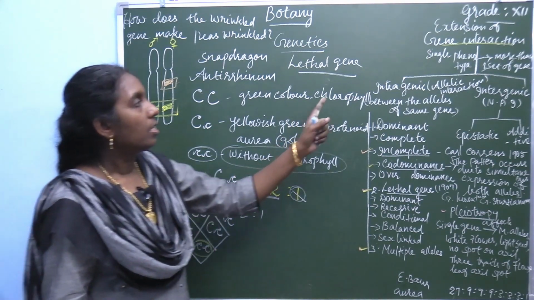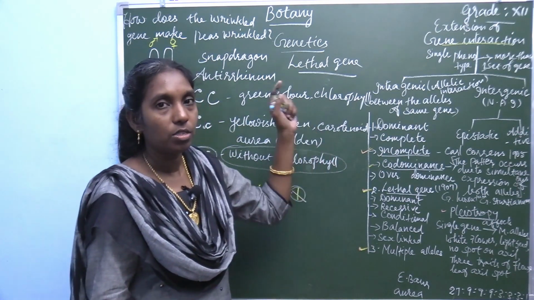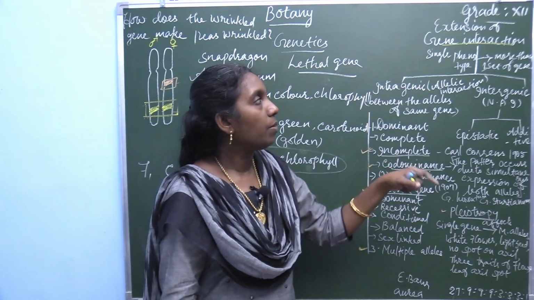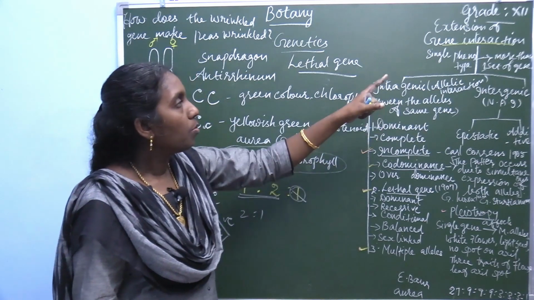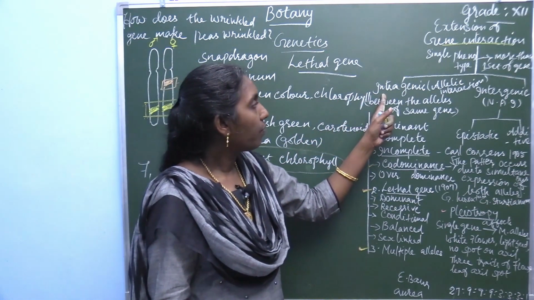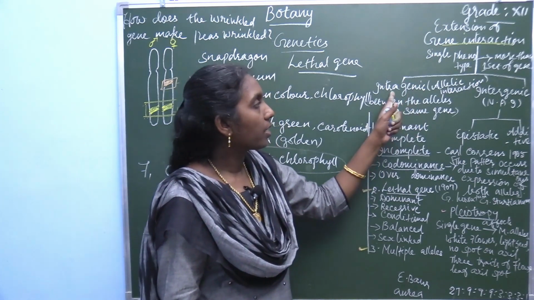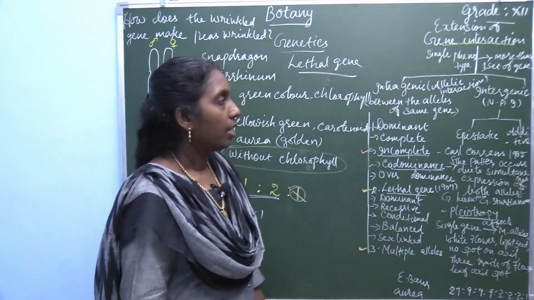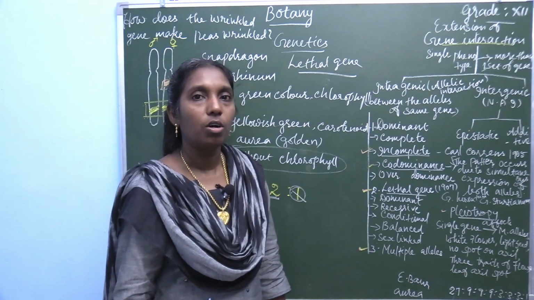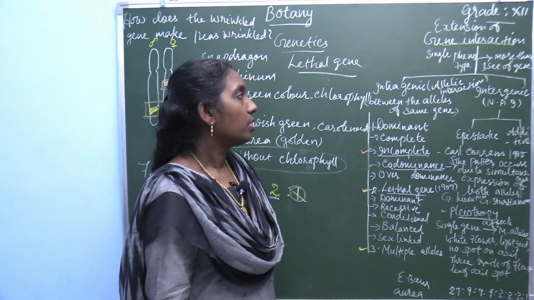So, under gene interactions, first you learn the definitions. What is gene interaction? A single phenotype is controlled by more than one set of genes, and it is broadly classified into intragenic interactions and intergenic interactions. The intragenic interactions are otherwise called allelic interactions.